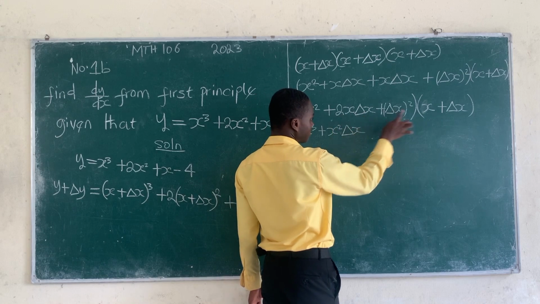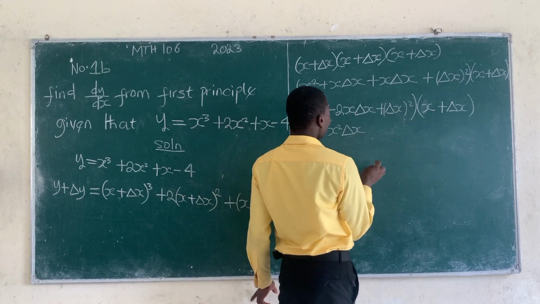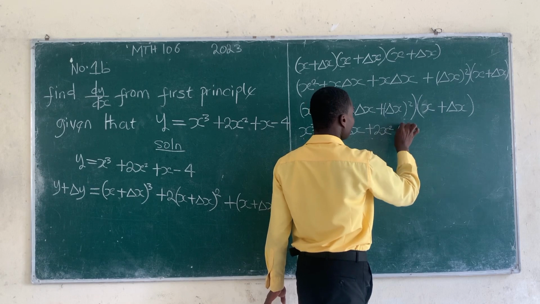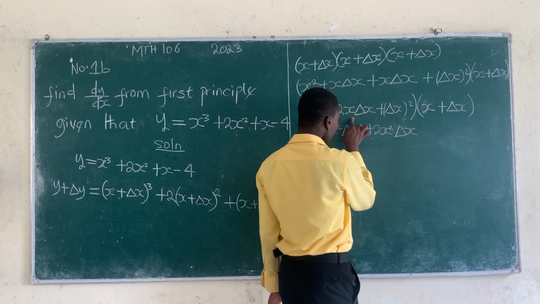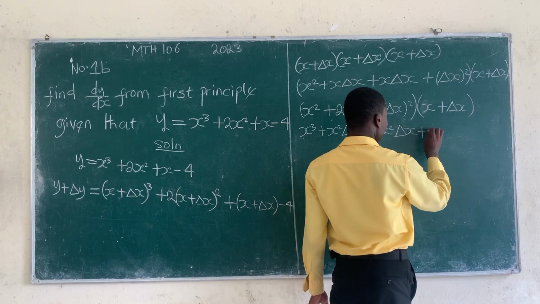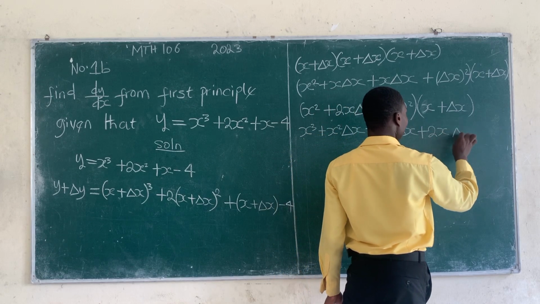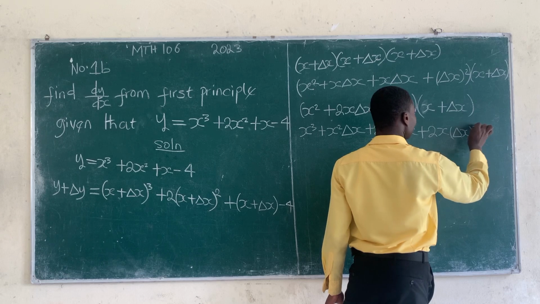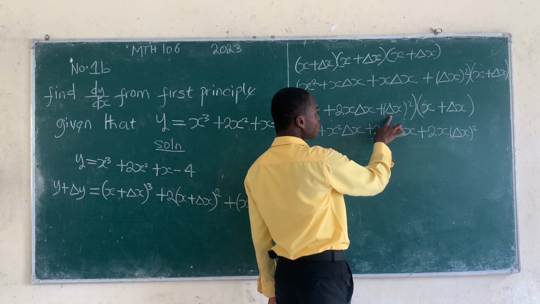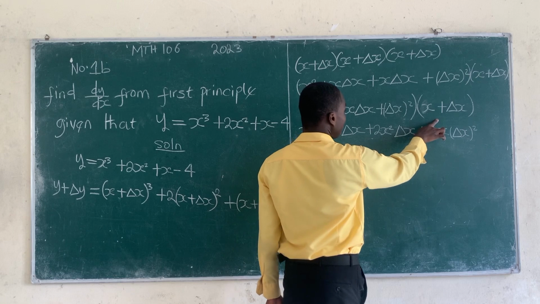2x increase in x times x will give us 2x squared increase in x. 2x increase in x times increase in x will give us 2x increase in x squared. The next one there is increase in x squared times x.